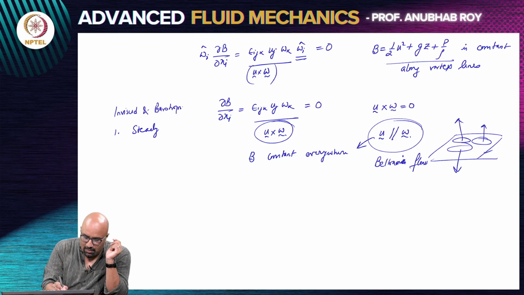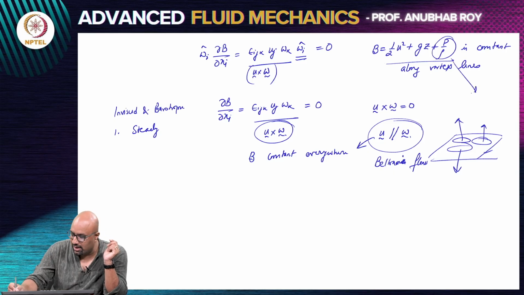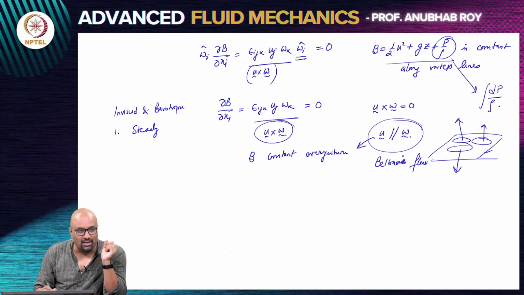I am writing my B for constant density, but you already know that if it is barotropic, a general scenario, it will be integral of dP by rho. So, if the fluid is inviscid and barotropic and it was steady, then you would have the Bernoulli function being constant along streamlines, along vortex lines, and it can be constant everywhere if u and omega were parallel to each other.